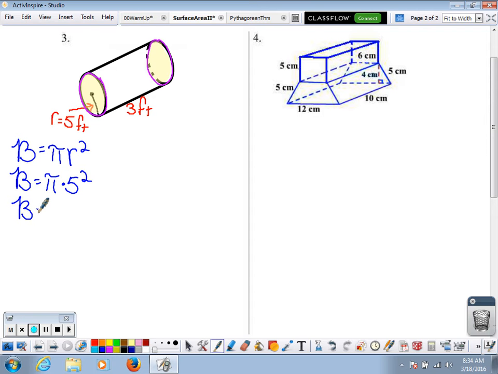Oh, good. Okay, we would get about 78.539. And if I said one decimal place, we'd round that to just 78.5 square feet. Okay, so we have now the area of that base.